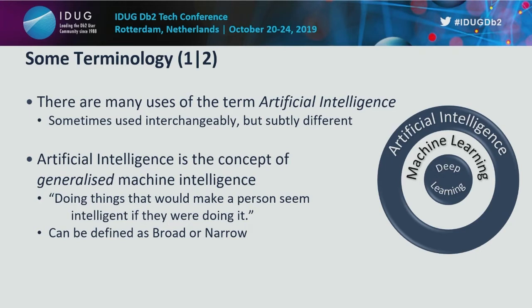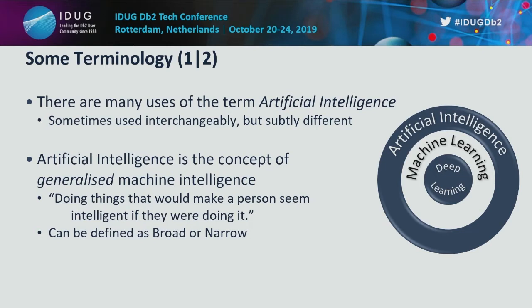And by generalized, I don't mean that it's an all-knowing AI that is going to wipe us out, Skynet or anything like that. But it's more that anything that a person does that we think makes them look intelligent, if a machine can do that, well, that's artificial intelligence. And it can be very simplistic, but that's what it really means.